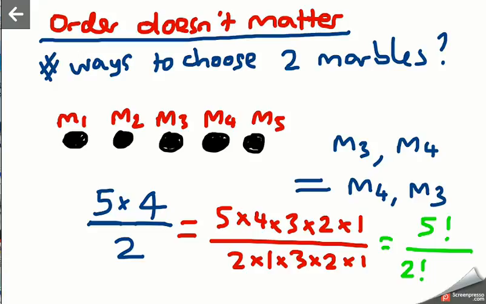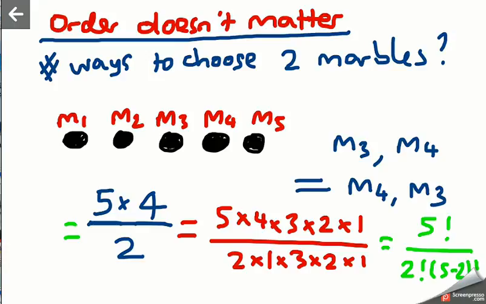And now 3 times 2 times 1, well, that's equal to 5 minus 2 factorial, because 3 factorial is equal to 5 minus 2 factorial, right? Because 5 minus 2 is 3. And this has got a special name.